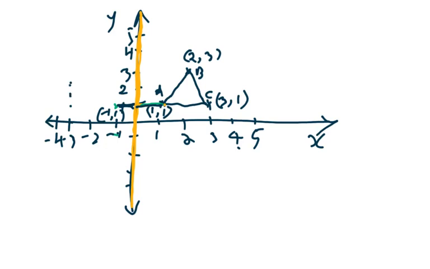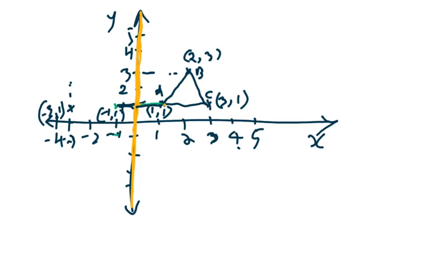Now it is 3, 1. So it will be -3, 1. There. Then let's look at point B, which is 2, 3. How many units is it from the mirror line? It is 2 units.